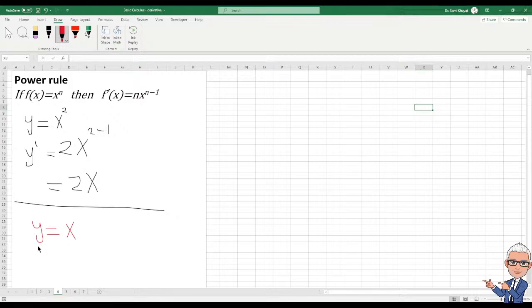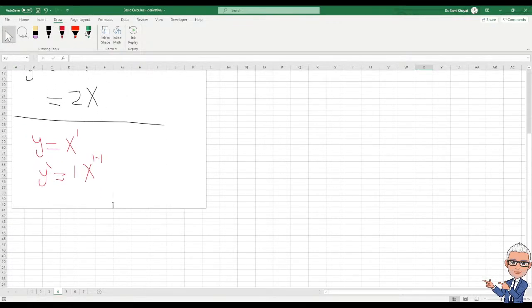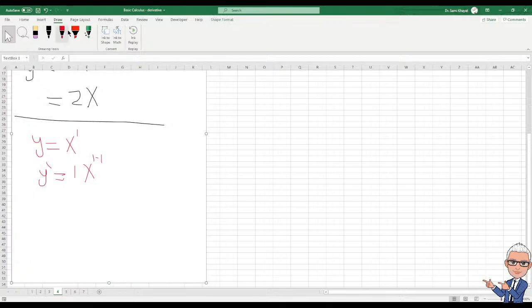The derivative will be 1 because if you follow the rules, the exponent here is 1, so it will be 1 times x power 1 minus 1, which is 1 times x power 0.